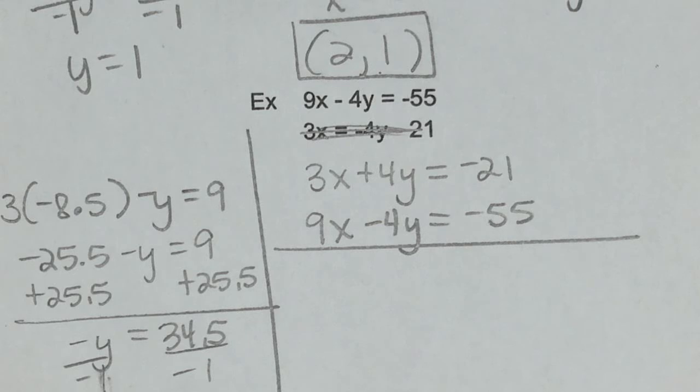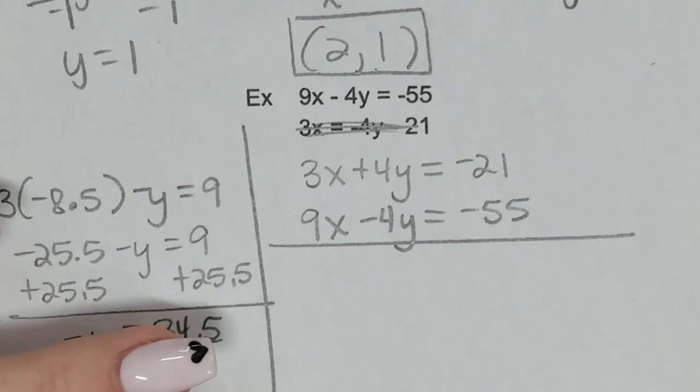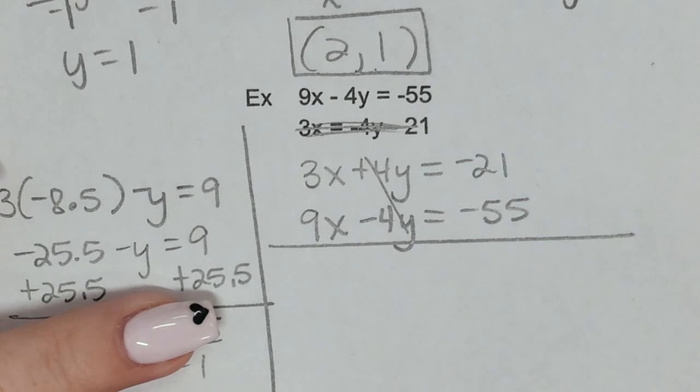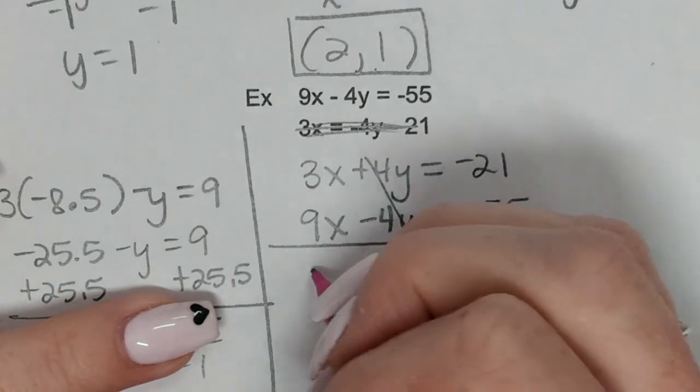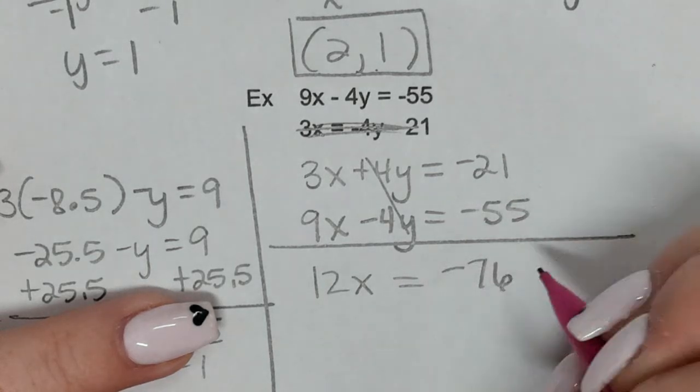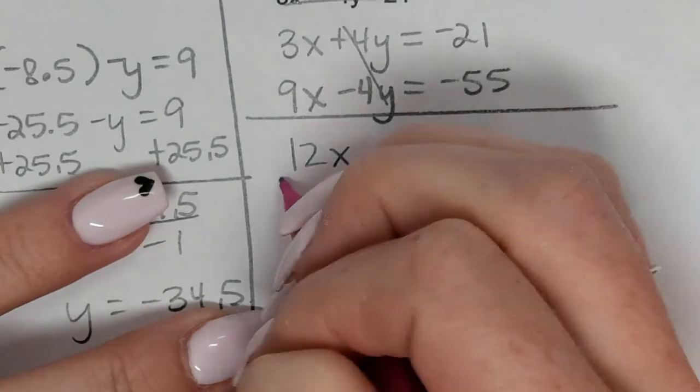All right, what are you going to do? So I cancel this out. What's 9 plus 3? What's negative 21 minus 55? Negative 76. Divide by 12.